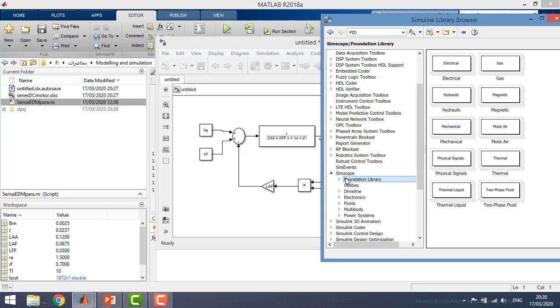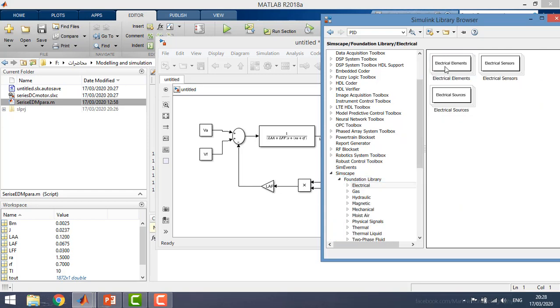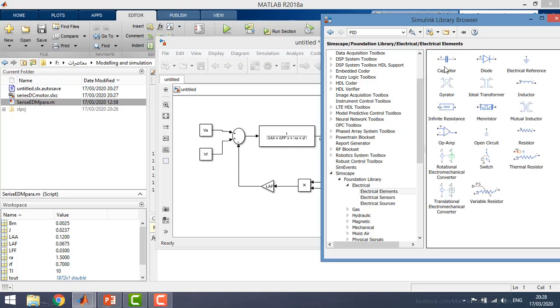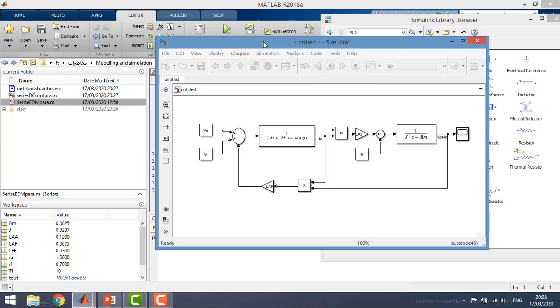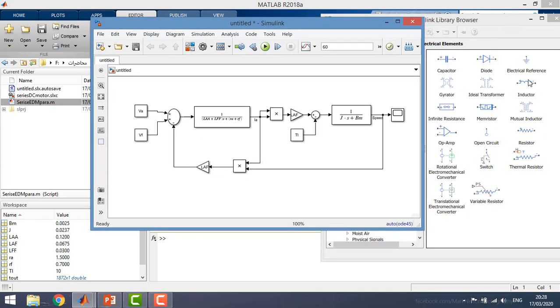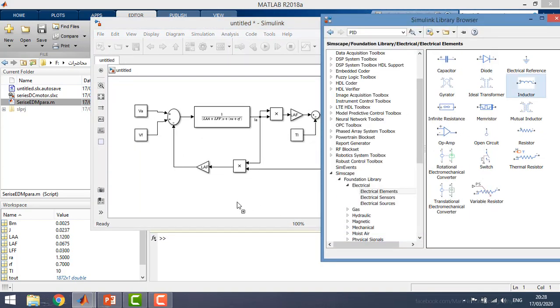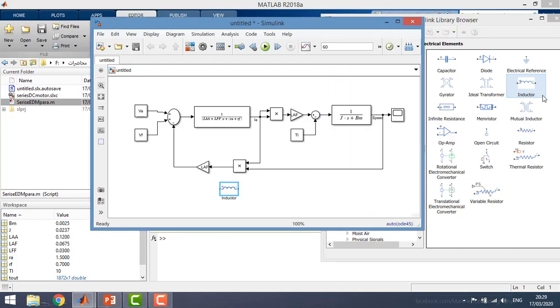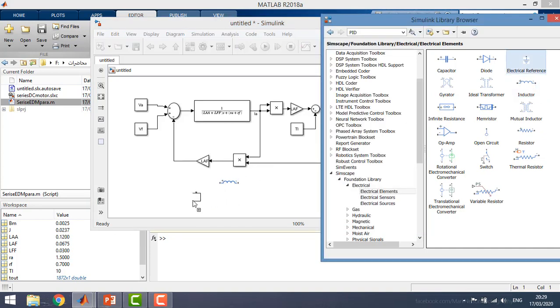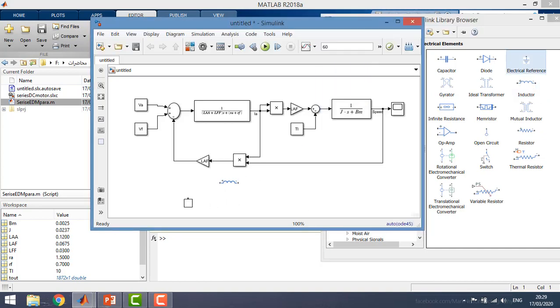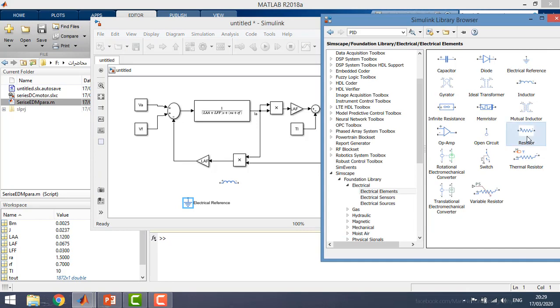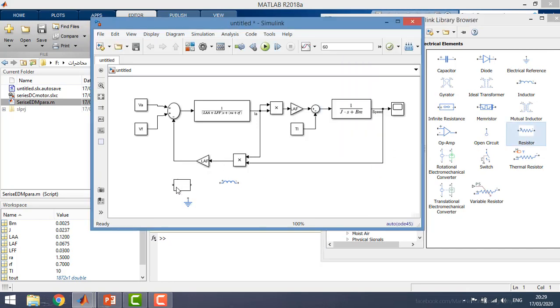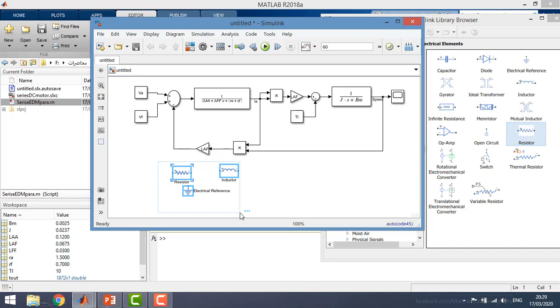So we'll go to the fundamental library, electrical elements, and let's just make some room for the other component. So we have to have then an inductance, of course electrical reference, resistance as well, and let's just push them a little bit down.